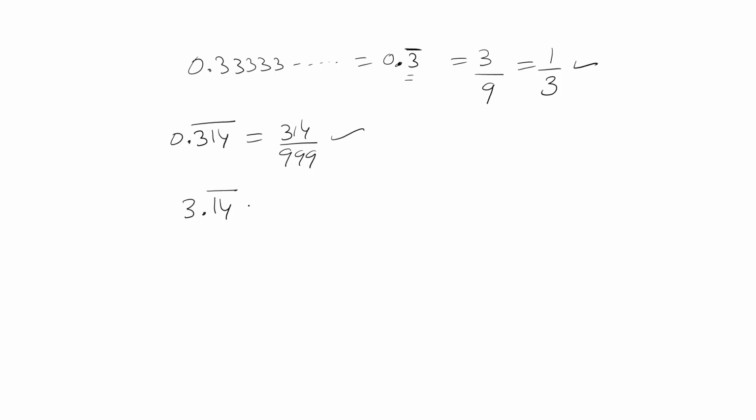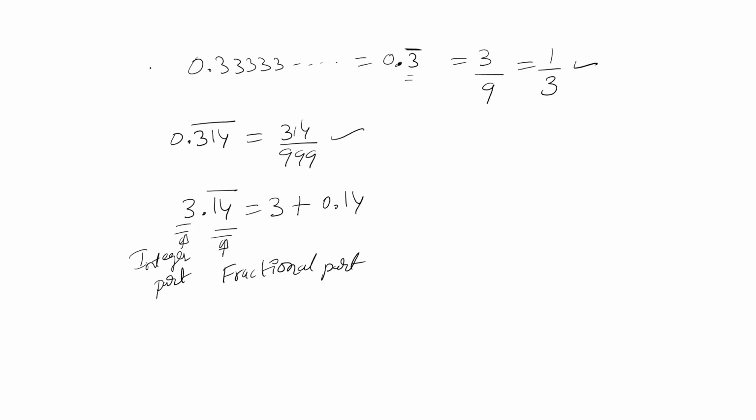How can I write it? 3 plus 0.14, because this is the integer part and this is the fractional part. We can call it the fractional part. Similarly 0.33 we can write as 0 plus 0.33. Now we know how to convert 0.14 bar: 3 plus 14 divided by 2 nines, because 2 digits have the bar.